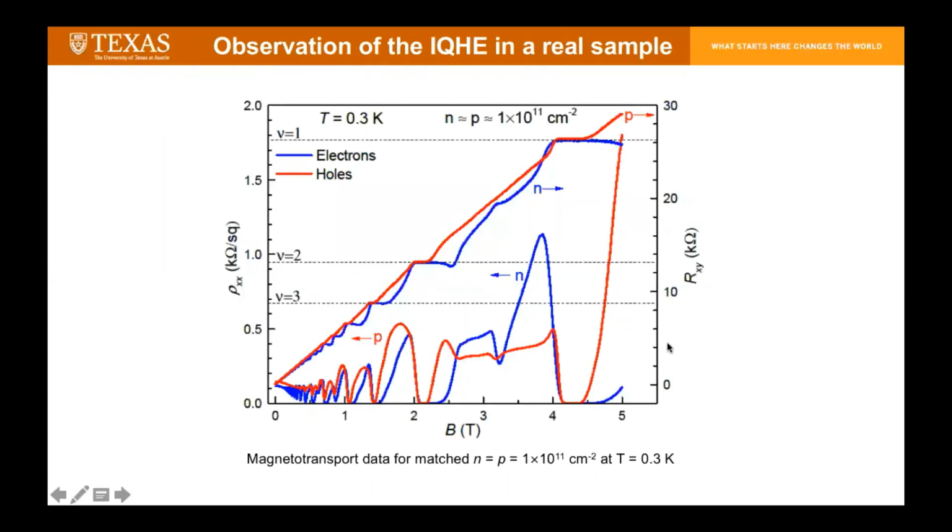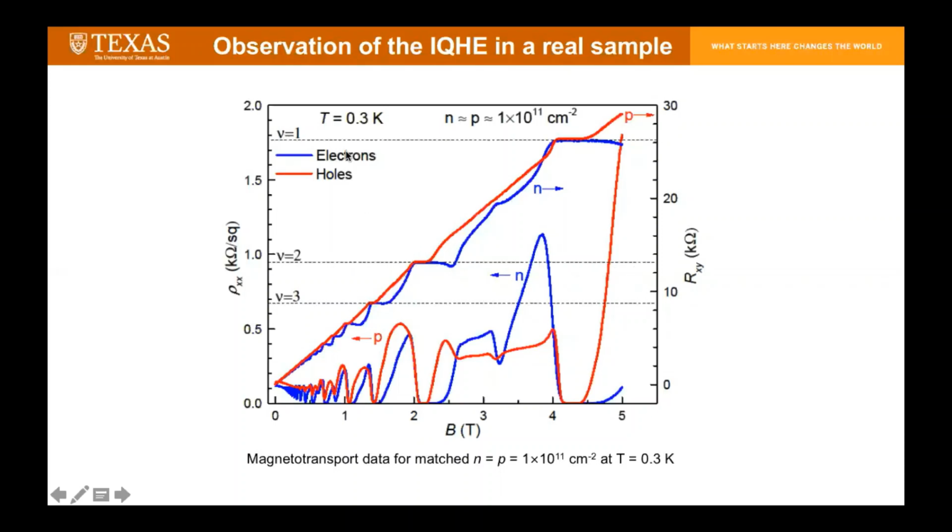So I want to show you this data. Okay, this is the real demonstration of the quantum Hall effect. This is real data that I obtained for some of my samples. The red and the blue traces: the red one stands for holes and the blue one stands for electrons. I had both electrons and holes in my sample. So if you just look at the staircase-like structure, you see, as a function of increasing magnetic field, the Hall resistance becomes constant at certain values.